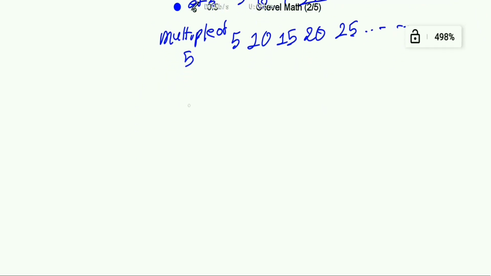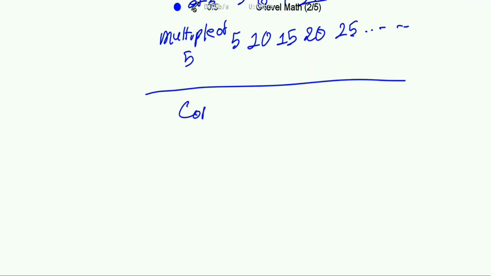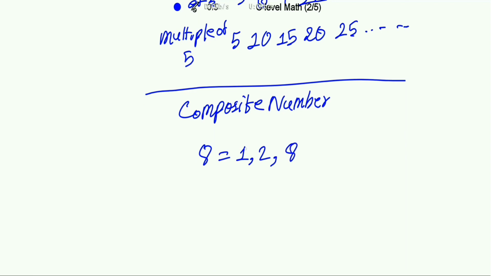Now what is a composite number? Composite numbers are those numbers which have factors other than 1 and itself. So let's say 8 is a composite number because it has one more factor other than 1 and itself.